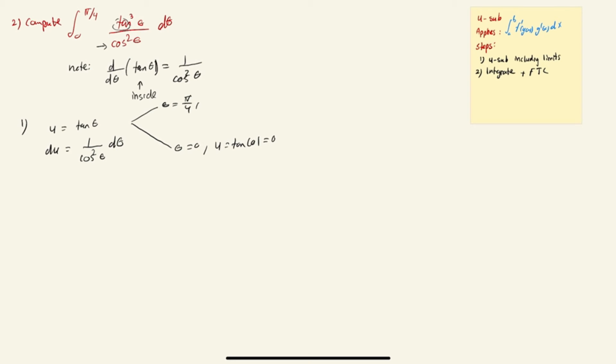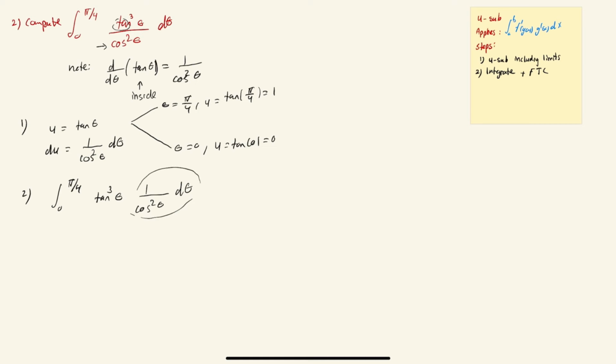Now in the case of theta equal to pi over 4, u is equal to tan of pi over 4, which is equal to 1. Now, before integration using the FTC, I'm going to arrange the terms. So I'm going to bring 1 over cosine squared of theta next to d theta.